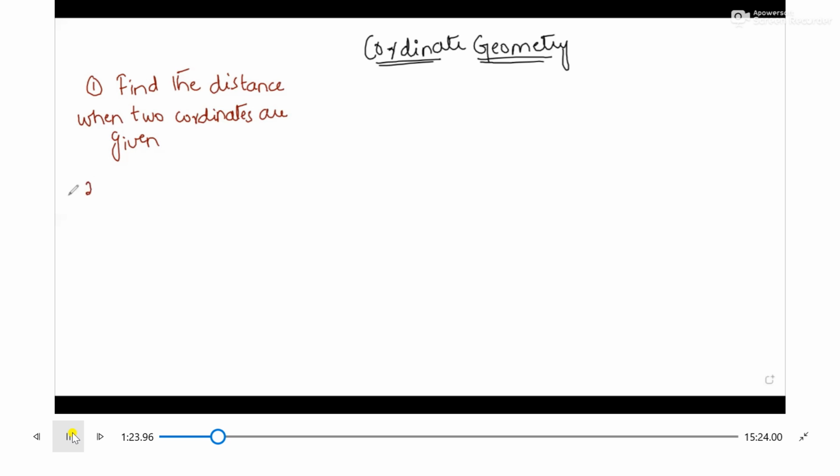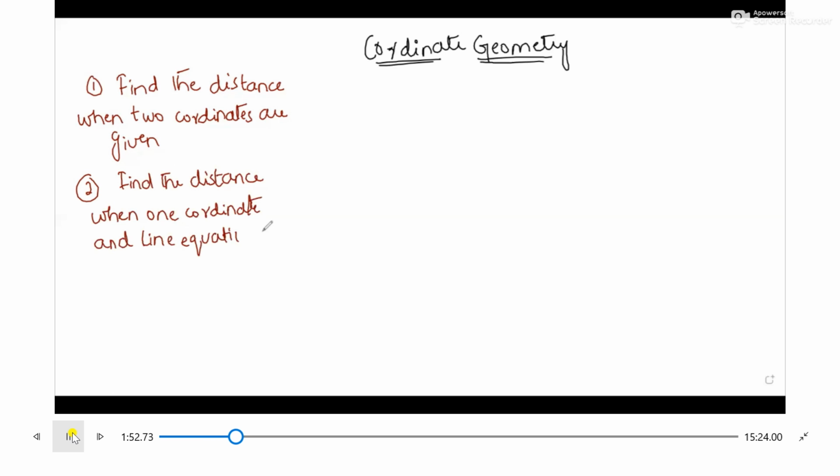And part 2 is to find the distance when one coordinate and a line equation is given.